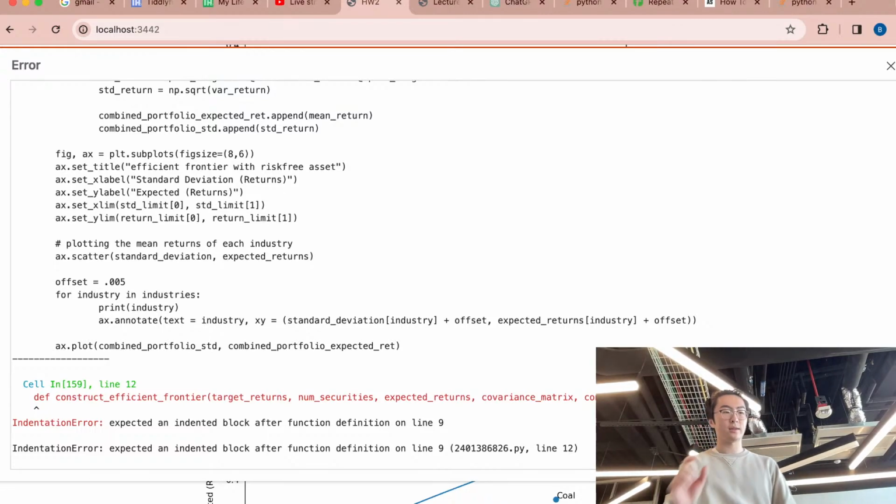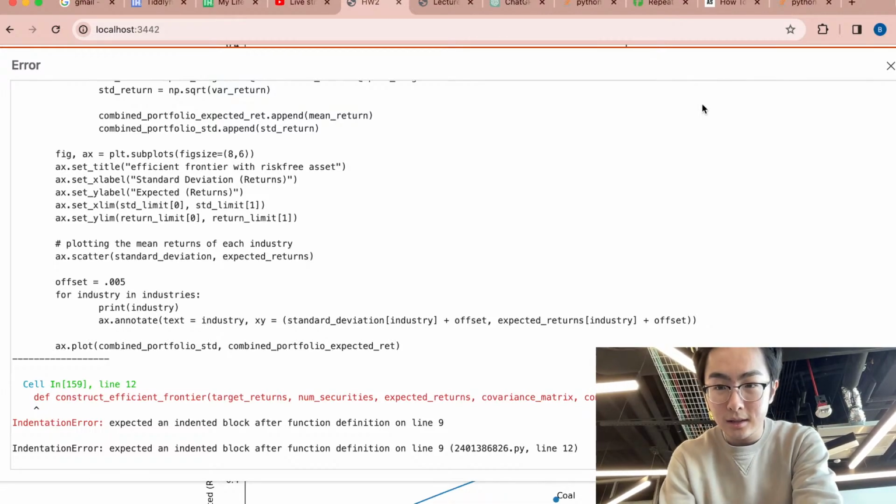And then we'll just pick the standard deviations and expected returns that give us the highest Sharpe ratio. I'm not entirely sure if SciPy supports that. We could take a look.